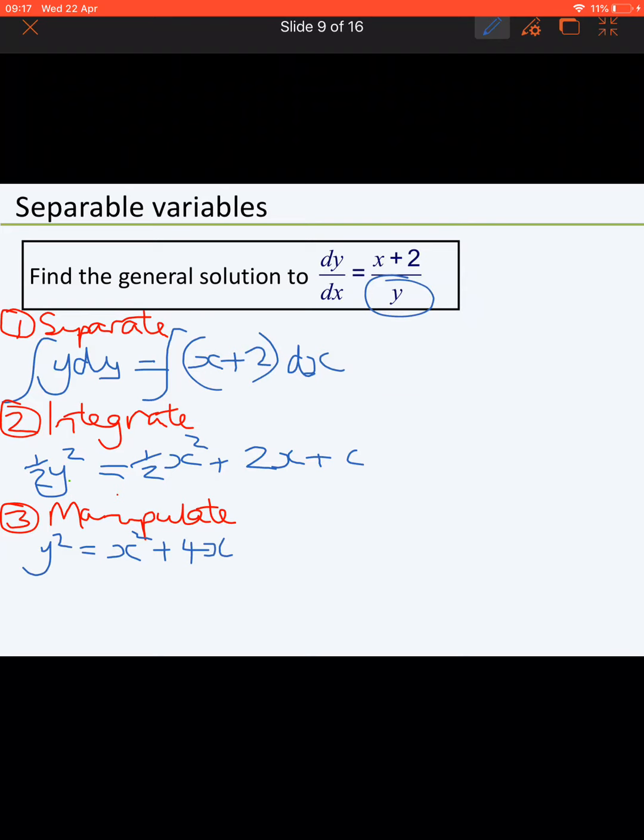Then you can either call this 2c, or again you can call it a different constant. Maybe you want to call it k. It's just an unknown constant. Okay, we'll deal with that later. And then to make it y equals, we want the square root of everything on the right hand side, and instead of doing square root, I'm going to put it all to the power of a half.